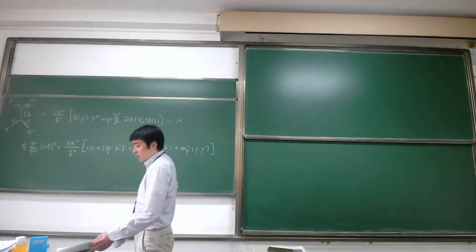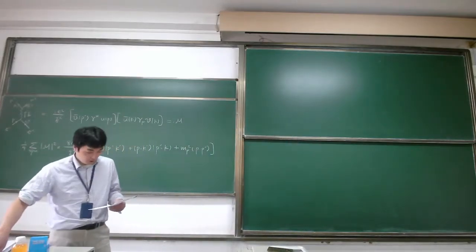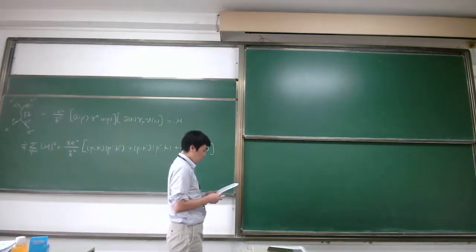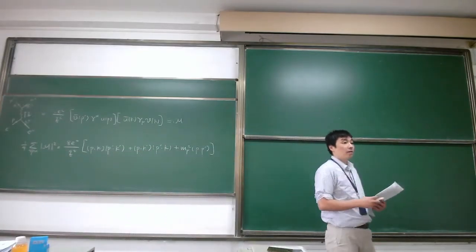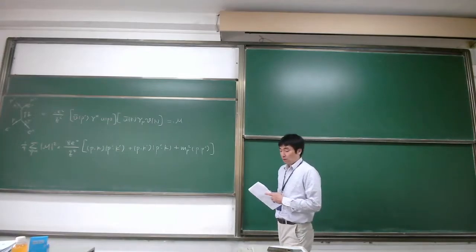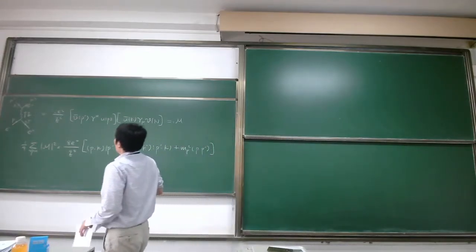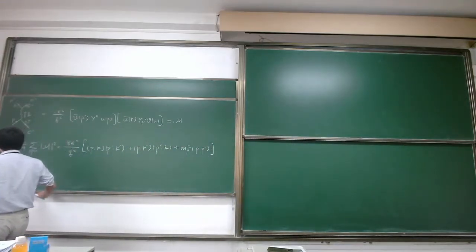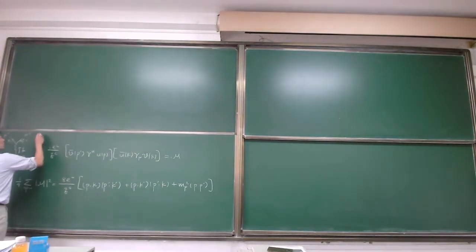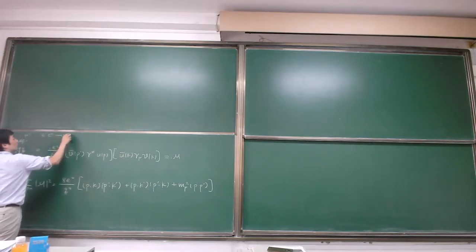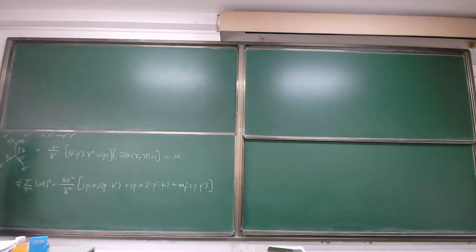Okay, so the last time I was a bit fast, so let's review. Let's recall what we have done. We started talking about the process electron, positron goes to muon, anti-muon.